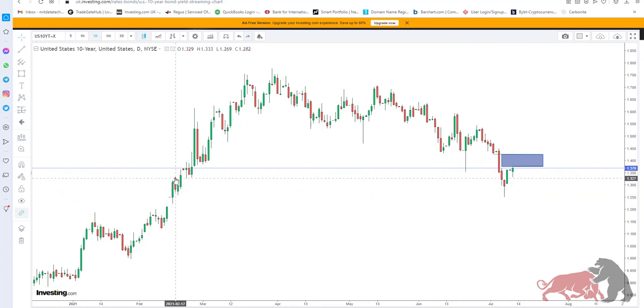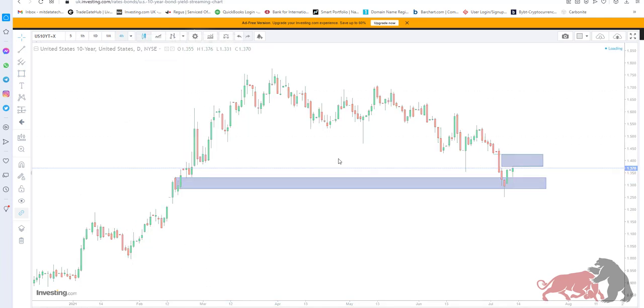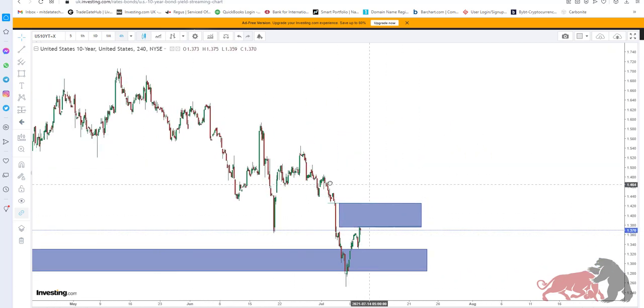So this down close candle here has provided what? Support. Let me highlight that. Right, so this down candle has provided support. Let me go to a lower time frame. Let me go to H4 so that you guys can see properly what I'm talking about.